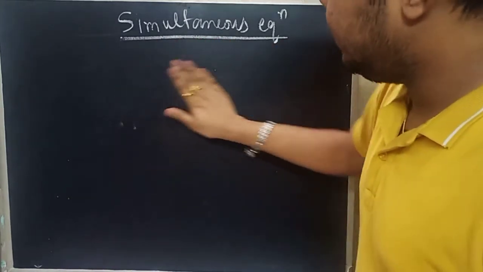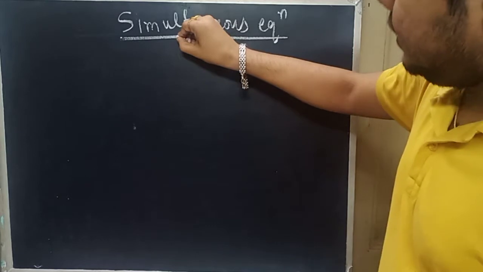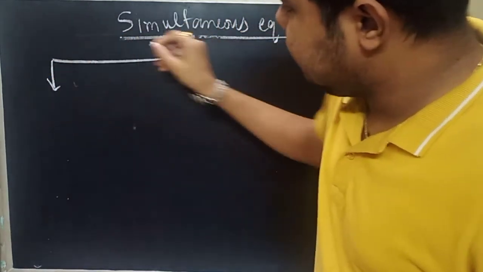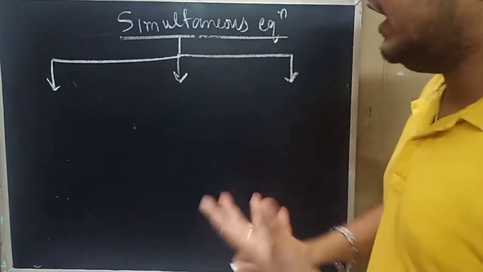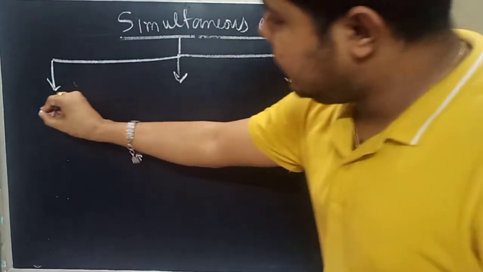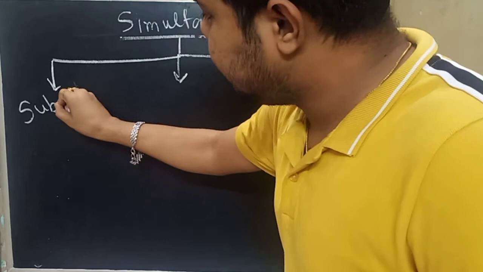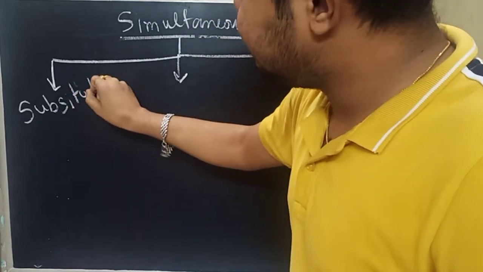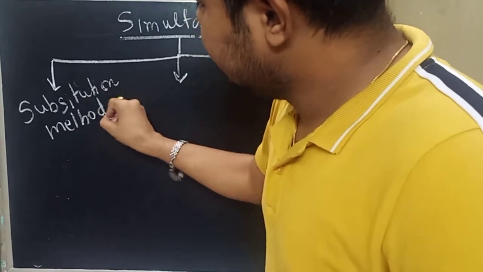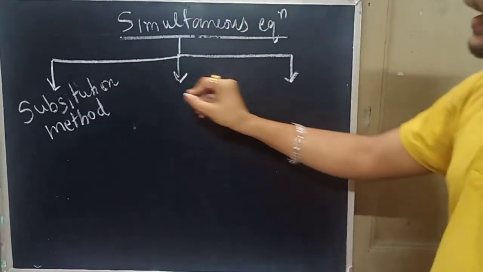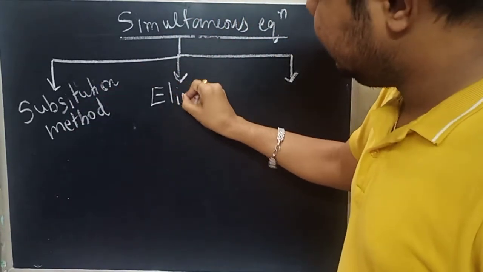So now we are coming to the types of simultaneous equations. They are classified into three types, the three methods to calculate the value of x and y. The first method is substitution method. The next method is elimination method.